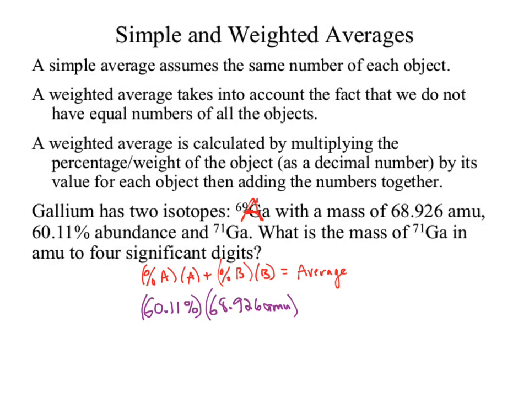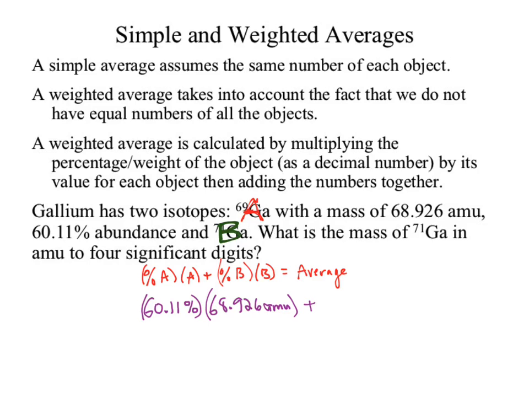Plus what? What is B? B is our gallium-71. It's the other species. What is the percent of B?